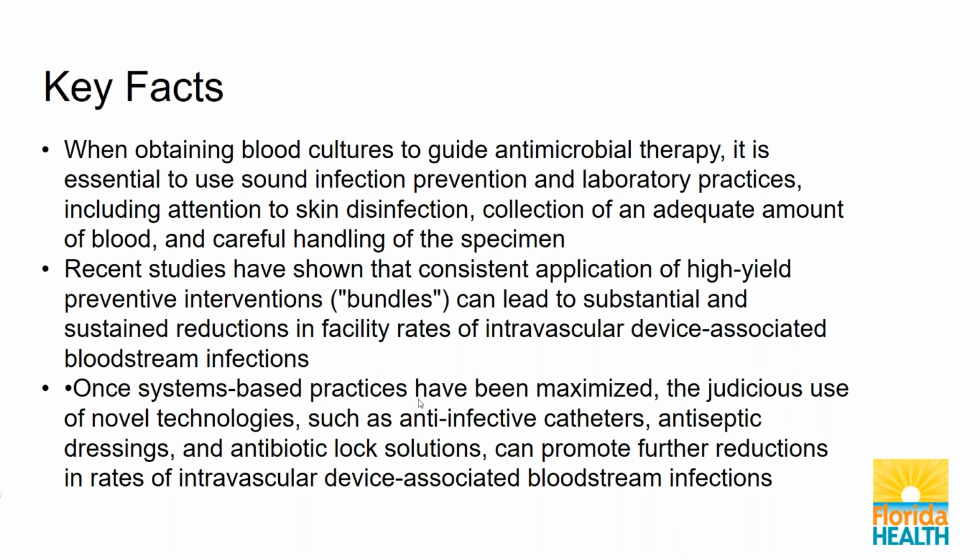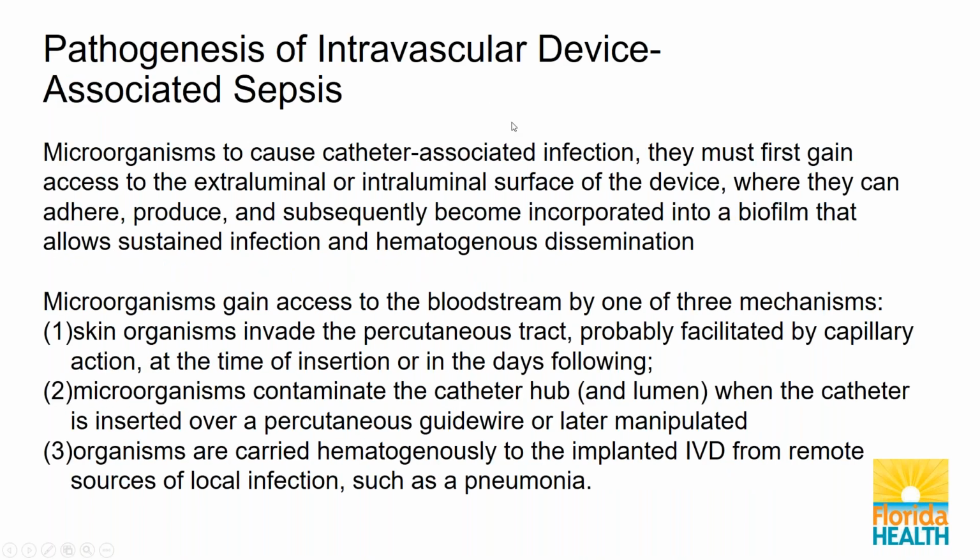So once system-based practices have been maximized, the judicious use of novel technologies such as anti-infective catheters, antiseptic dressings, and antibiotic lock solutions can promote further reductions in rates of intravascular device-associated bloodstream infections. So, pathogenesis of intravascular device-associated sepsis.